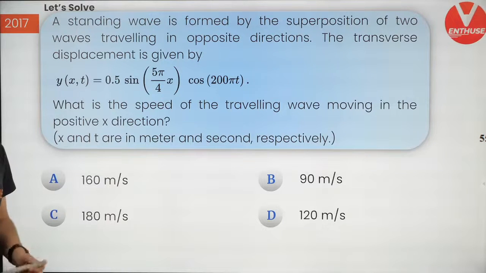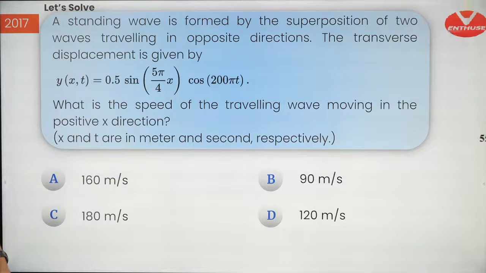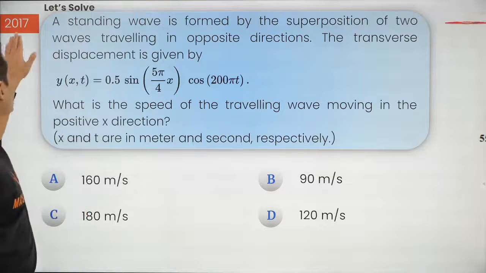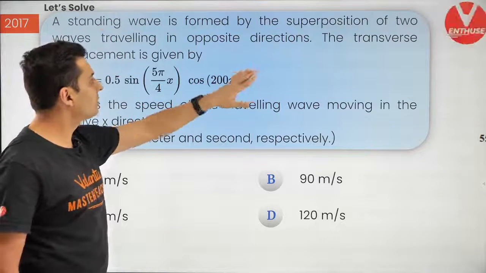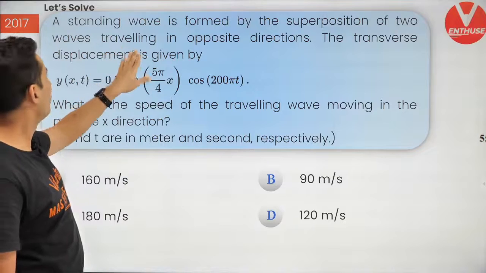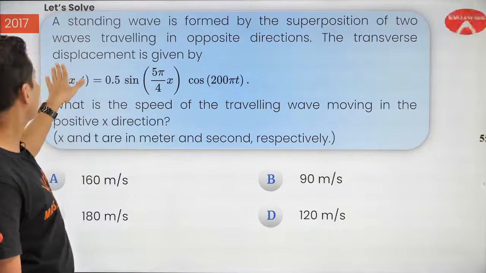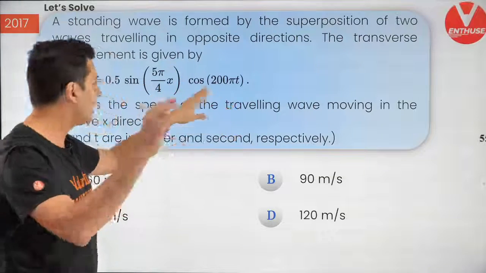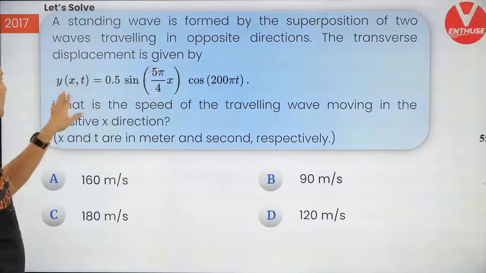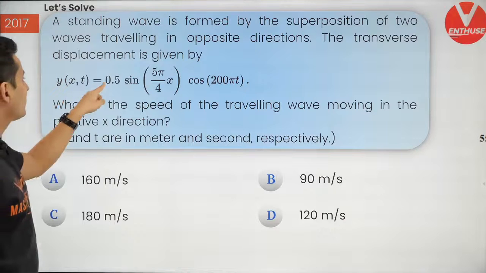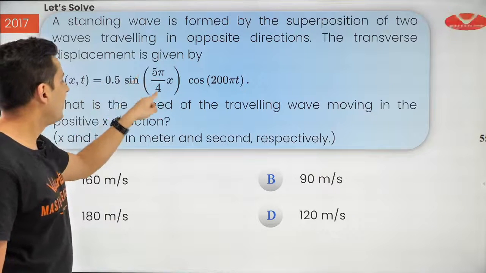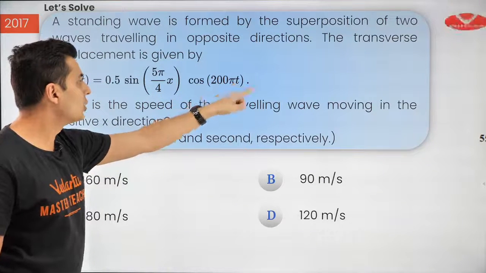Think about it. Yes, so a standing wave is formed by the superposition of 2 waves traveling in opposite directions. The transverse displacement is given by this value, which is equal to 0.5 sine 5 pi by 4 x cos 200 pi t.